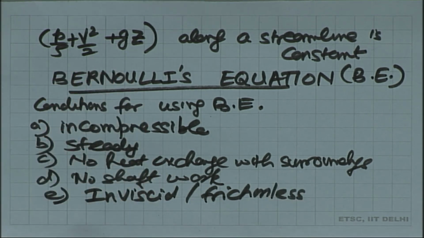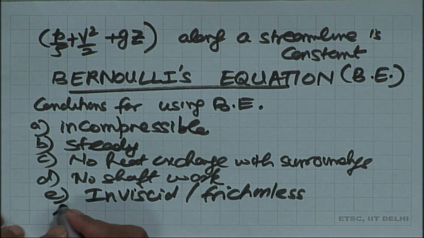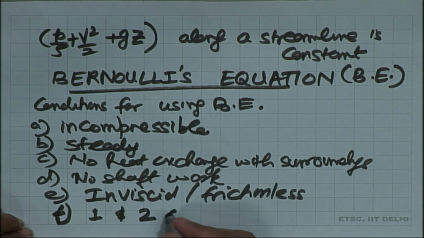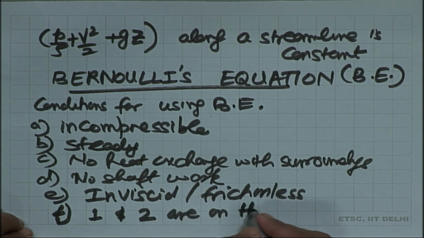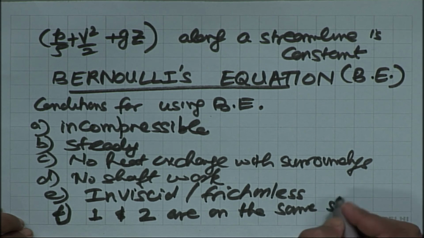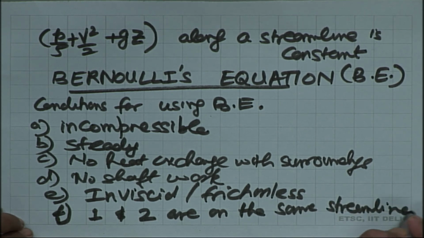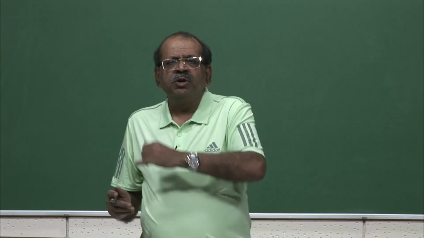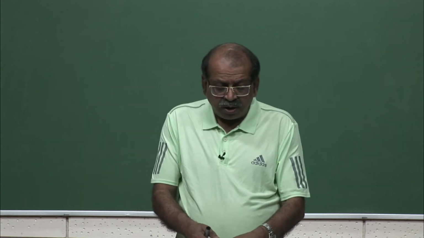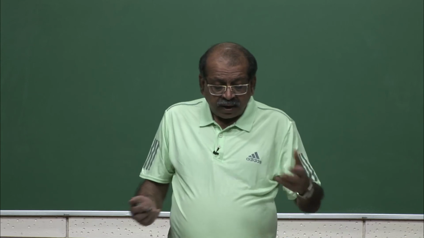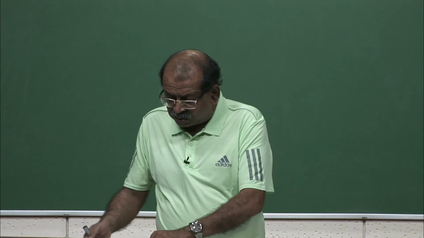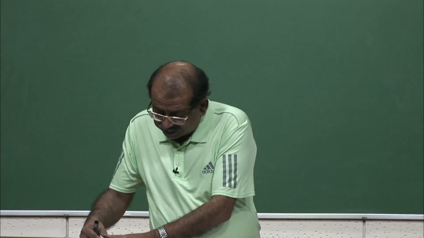These conditions were already listed earlier, but to that another condition gets added, that points 1 and 2 are on the same streamline. So, for a general case, Bernoulli's equation can only be used across points on the same streamline. It cannot be used across streamlines. Both points 1 and 2 have to be on the same streamline.